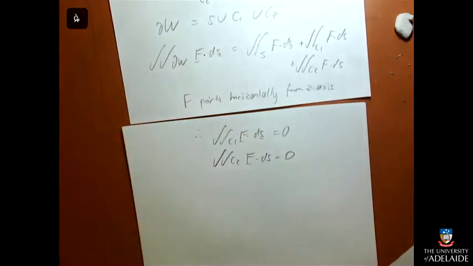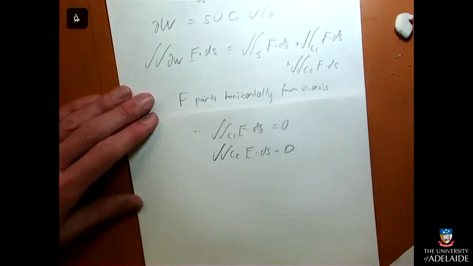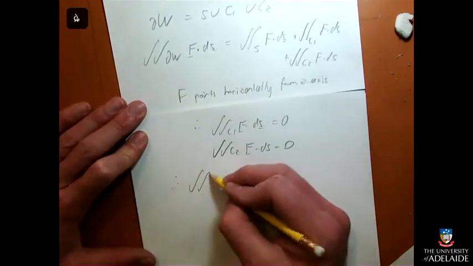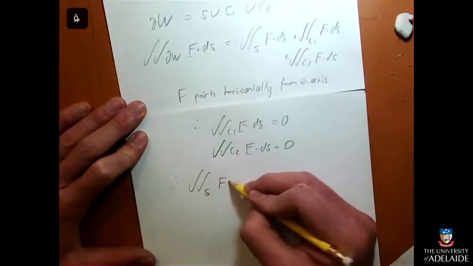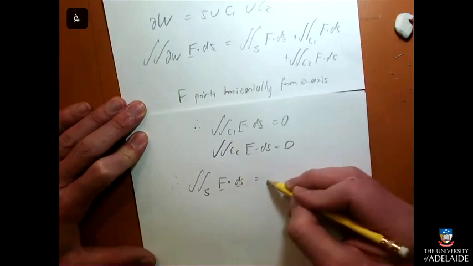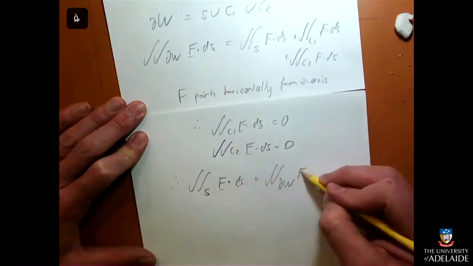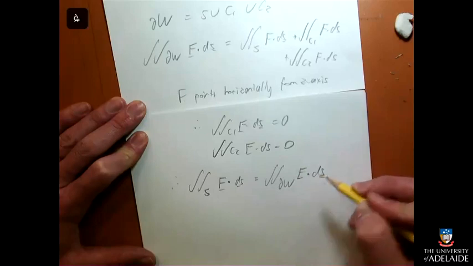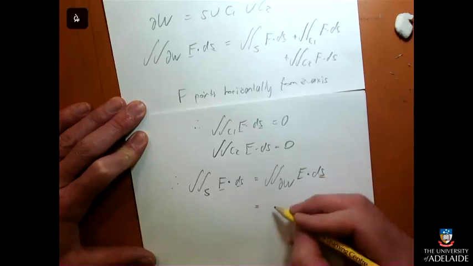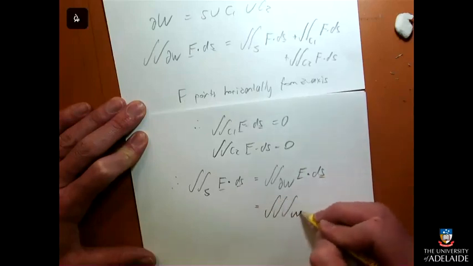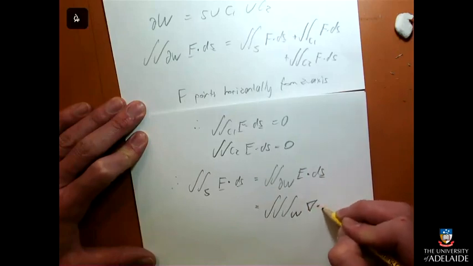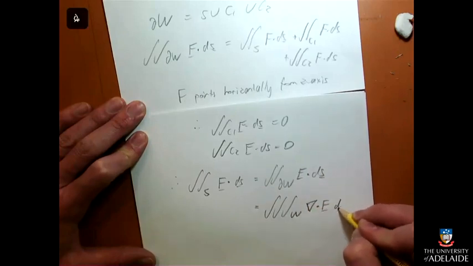Okay. So therefore the integral over S of f dot ds will be the integral over the boundary of W of f dot ds, which will be the triple integral across W of the divergence of f dV.